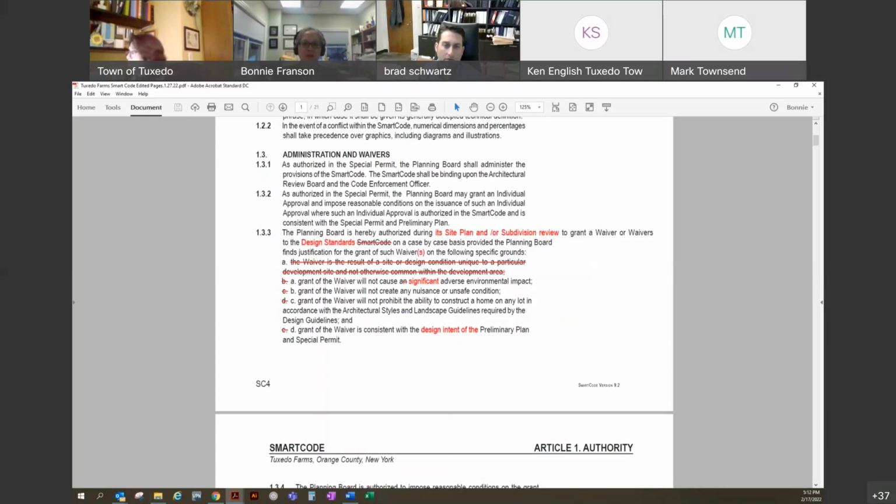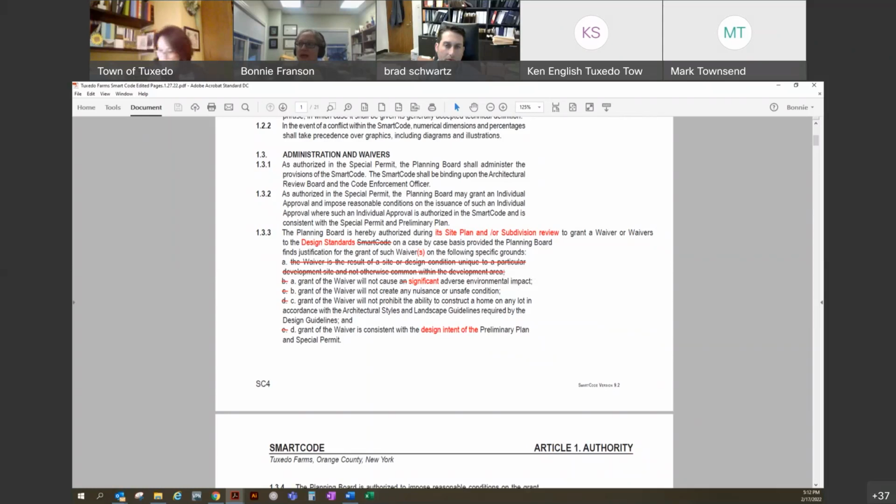That role is now with the planning board, kind of for one-stop shopping. In this instance, this special use permit has always been administered by the town board.